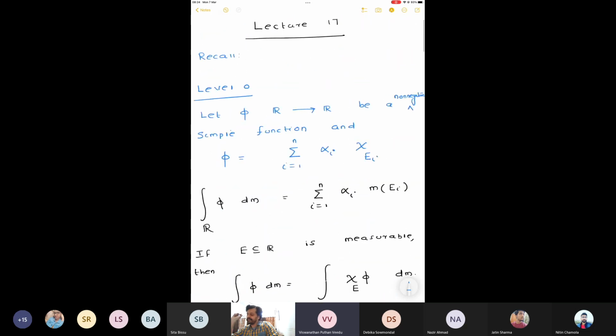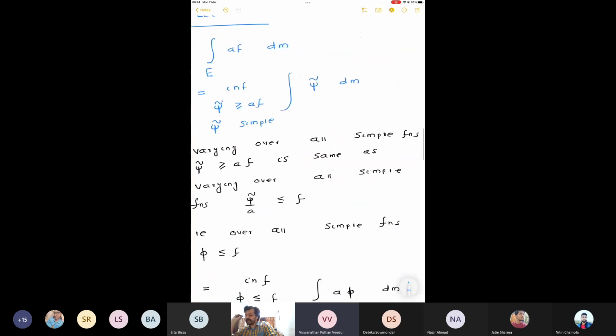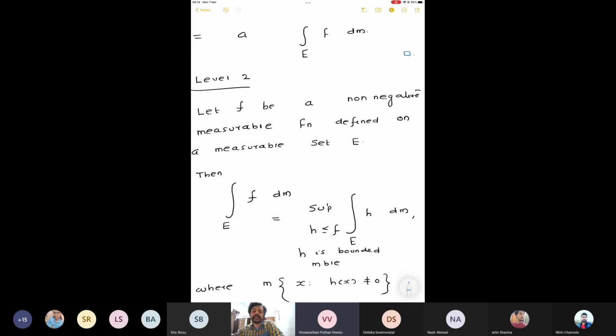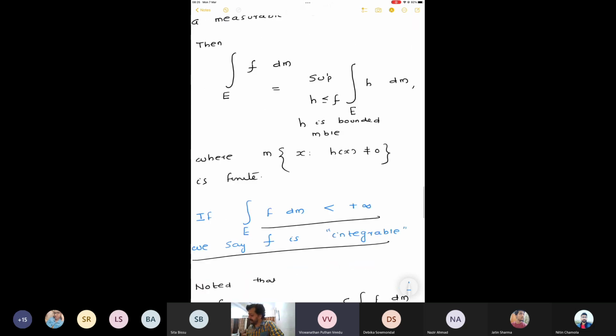You can first define the integral for a simple function, and then you can directly define the integral of a non-negative measurable function without worrying about whether the function is bounded and whether the set over which you are integrating is of finite measure. So level 1 is actually not needed. Okay, so let me make that as a remark.